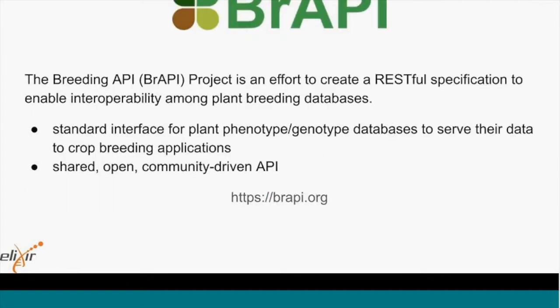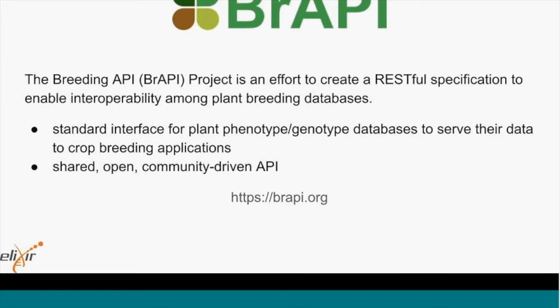We also need a way of sharing data because, as Melanie said, there is no centralized repository for plant phenotyping data, but there are a lot of databases in institutes that contain this data. So when looking for a way of sharing such phenotyping data, we came across the Breeding API project, which tries to develop a RESTful specification to enable interoperability among plant breeding databases.